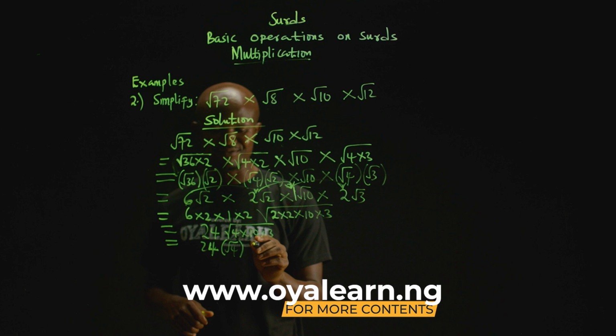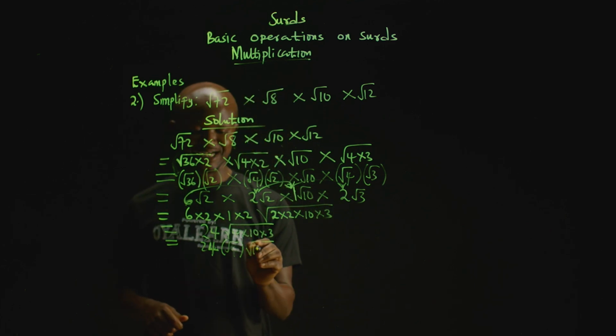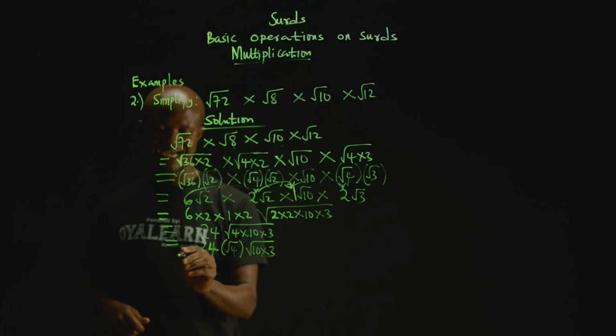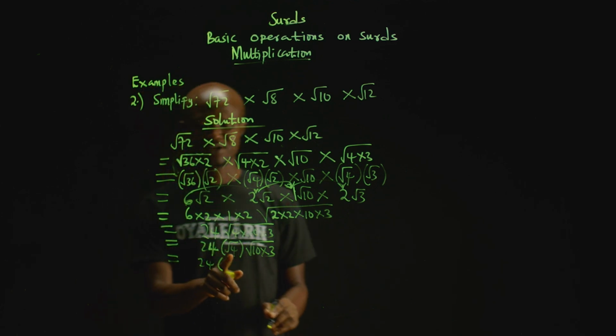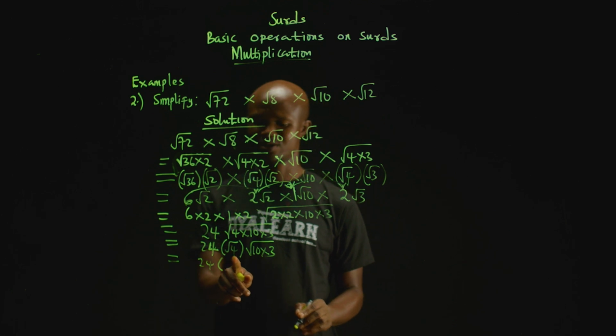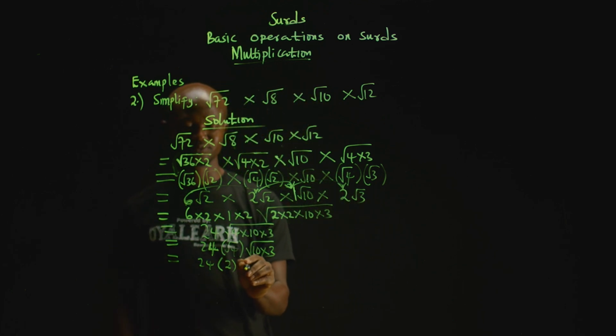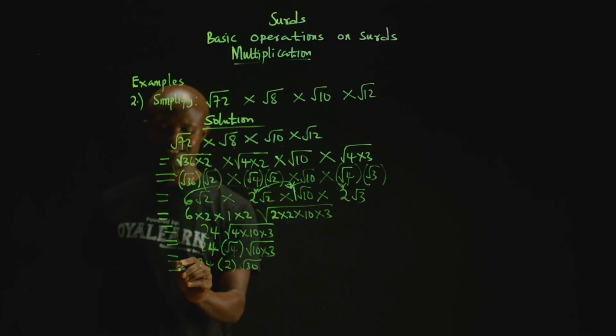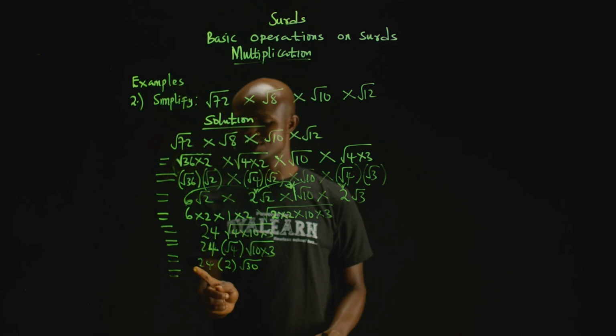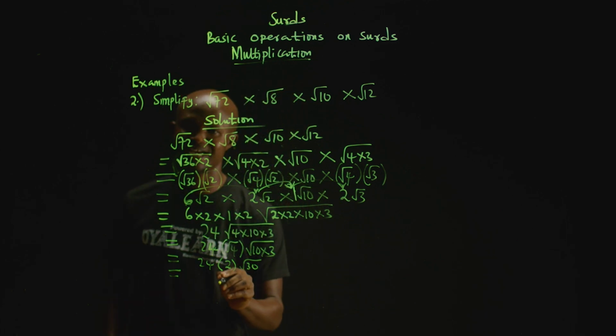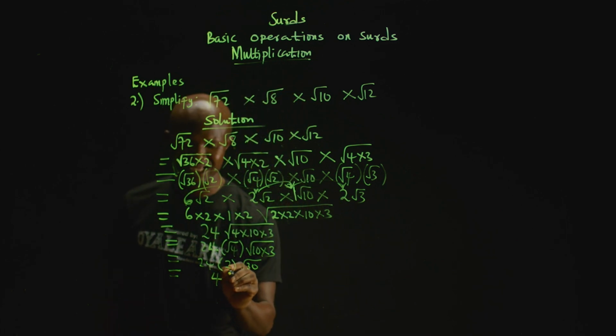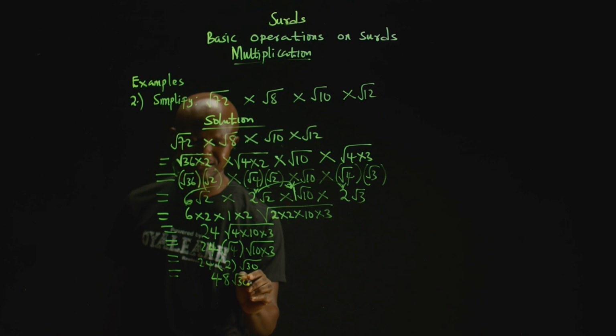So it means that you can have this to be root 10 times 3 here. Then 24 times root 4, root 4 will give us 2 also. So this will give us root 30. So in this case, simplifying finally, 24 times 2 will give us 48. Now we have 48 root 30 as our final answer.